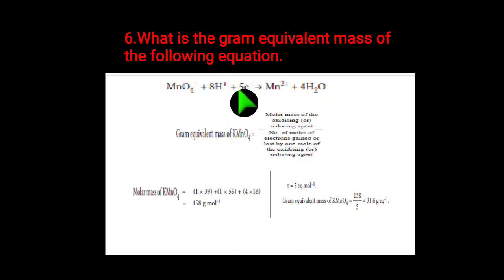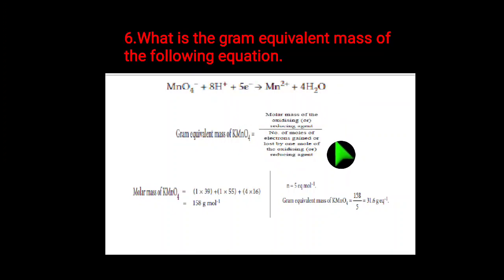Then minus 5 electrons, 5 e to the power minus 1, so 5 into minus 1 is minus 5, totally plus 2, equal to Mn2 plus. So left side and right side are balanced. So 5 electrons are required; the number of moles of electrons gained is 5.